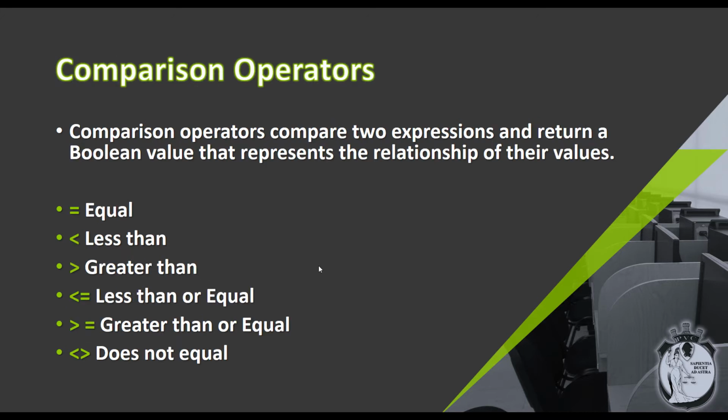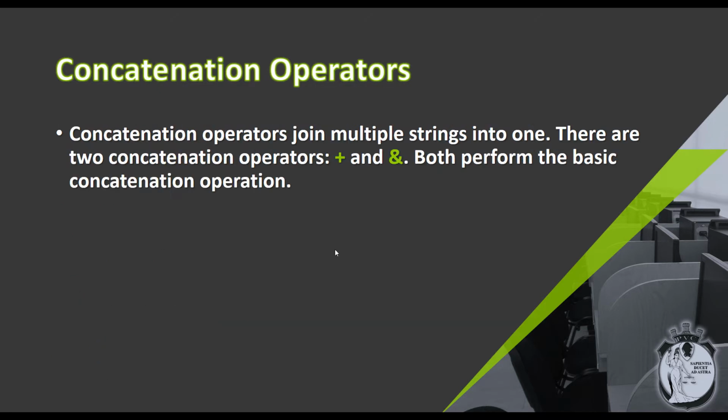The comparison operators are equal, less than, greater than, less than or equal, greater than or equal, and does not equal. For concatenation, you can use the plus or the ampersand.